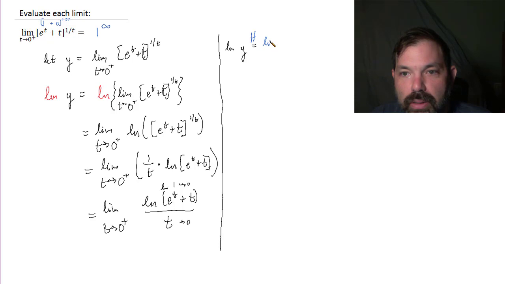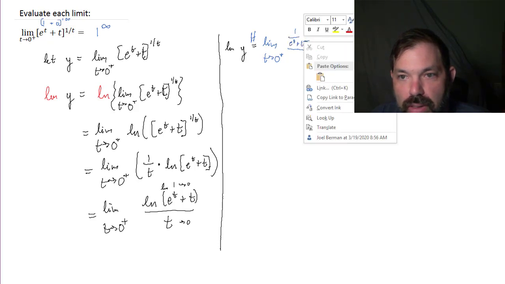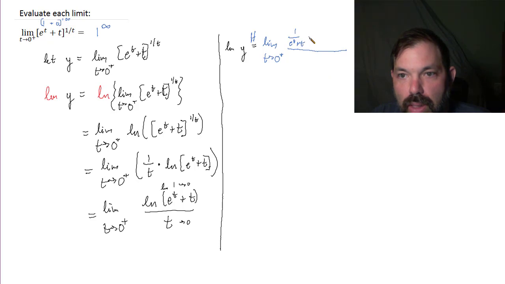the limit with t approaching 0 on the right. The derivative of the top, natural log of e^t + t, would be 1 over e^t + t, times the derivative of e^t + t, which is e^t + 1.